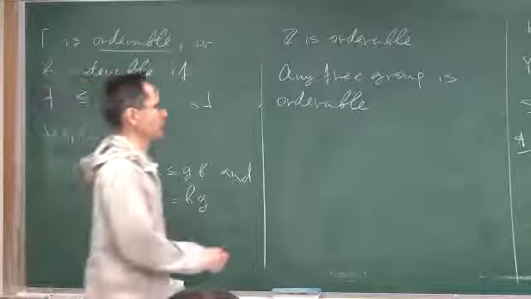One first attempt one can make is pick some point in R. And you pick two elements in gamma and you want to define which one of them is smaller and which one is bigger. You just look how those two elements act on a given point in R.